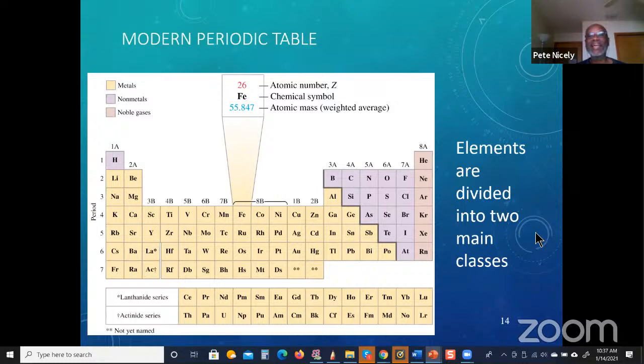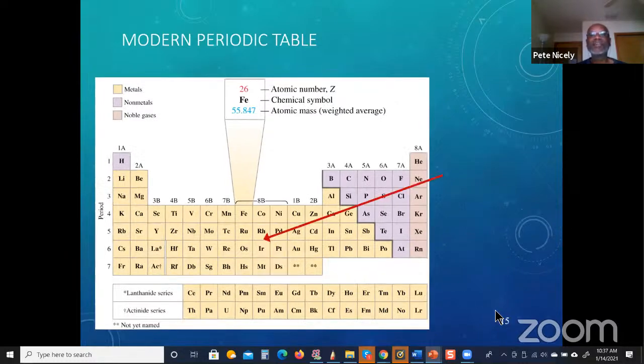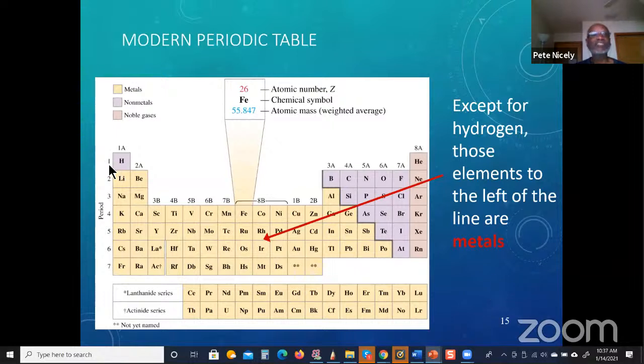So the two main classes are metals and non-metals, and the metals would be to the left, as I said before, excepting hydrogen. Hydrogen is unique, and we're going to see the reason why later in terms of the atomic structure, because one could make an argument that hydrogen belongs here, but also hydrogen belongs here based on its atomic structure. We're going to see why that is, all right?